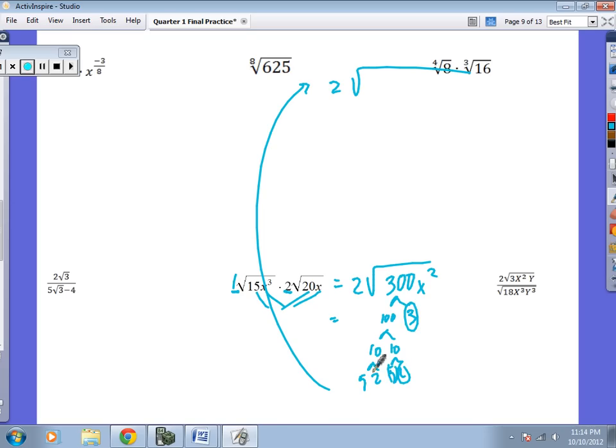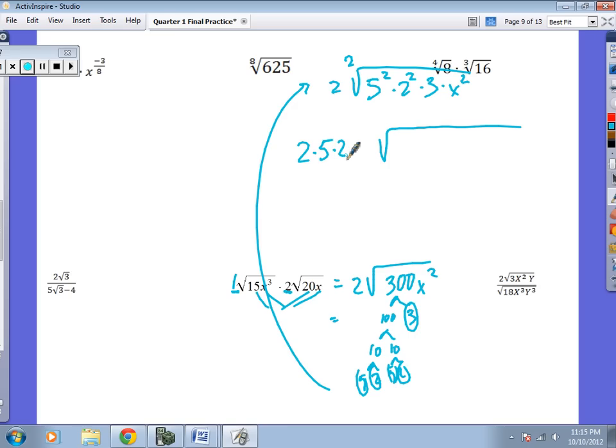I've got 5 squared times 2 squared times 3 times x squared. And now it's a square root, so let's pull things out in sets of 2. So on the outside I've got a 2. Anything I pull outside, I'm going to multiply it. So 5s, I've got 2 of them, so I'm going to pull out a set of 5s. I'm going to pull out a set of 2s.